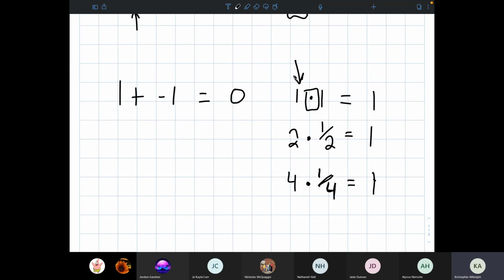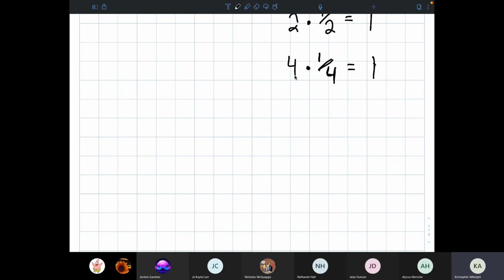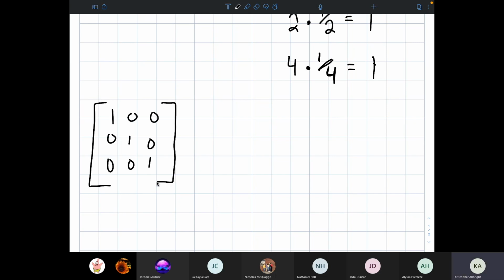Okay, so with matrices, our identity element looks different. It is a square matrix, and it has 1s along the main diagonal and 0s everywhere else. So any matrix we multiply by this, we're going to get the same matrix out.